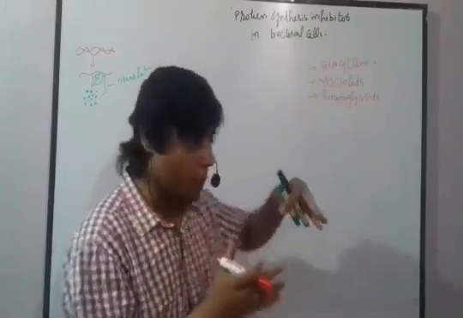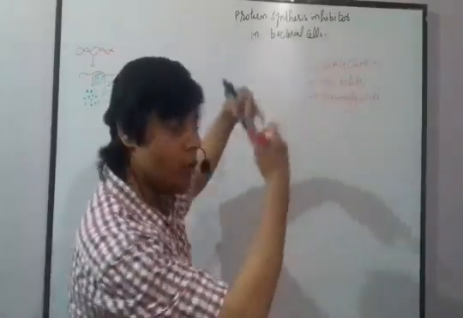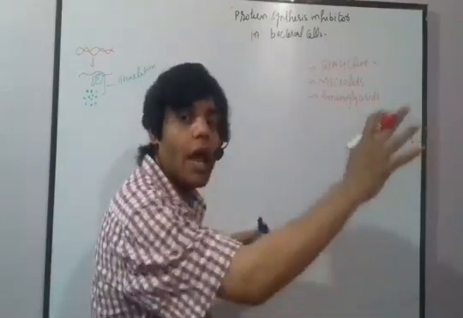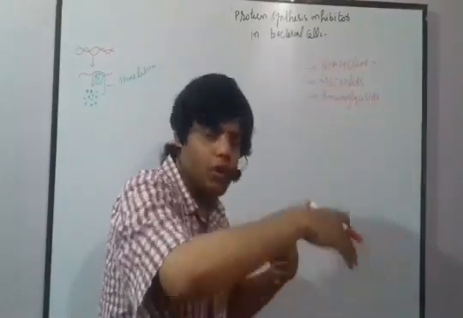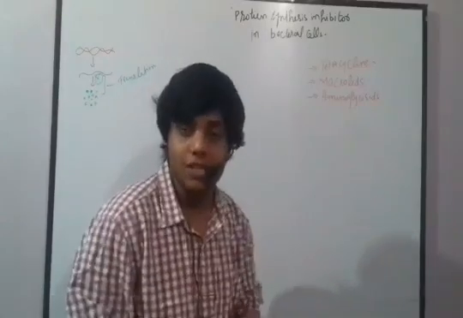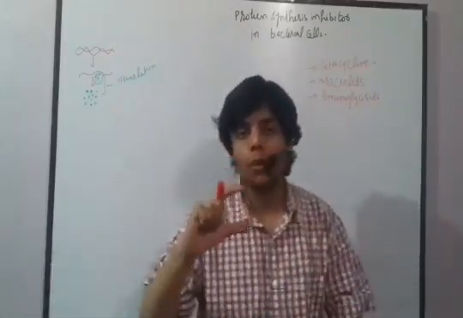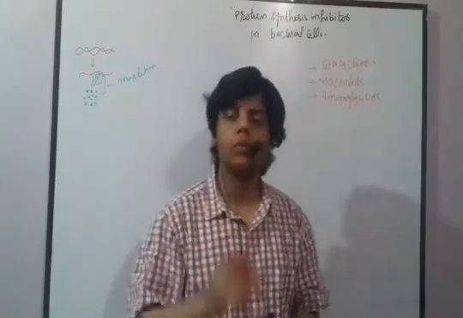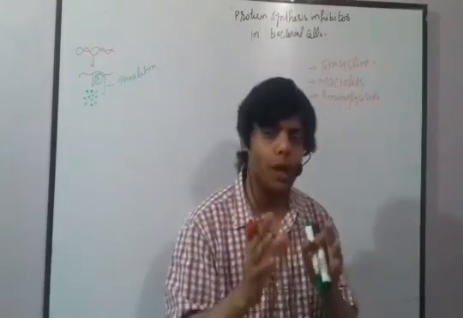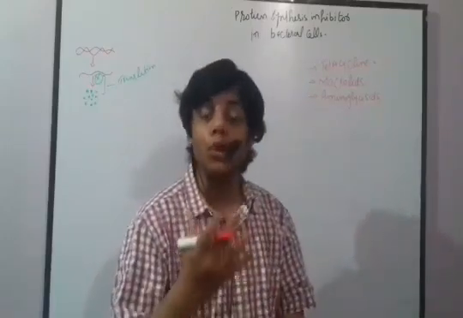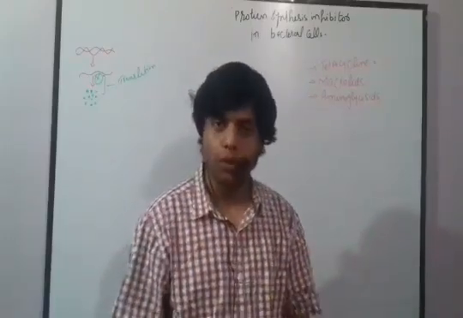Due to this ribosome machinery, transfer RNA comes in, the ribosome moves forward, and gradually the protein is synthesized. So the ribosome plays a vital role. Once we stop the ribosome, the whole protein synthesis process will be stopped.